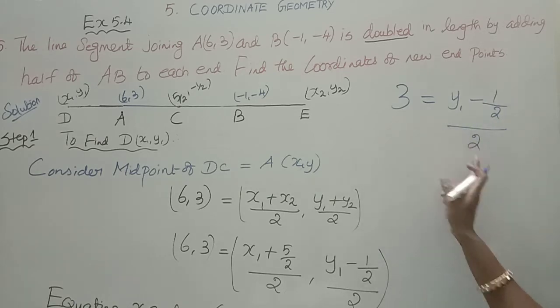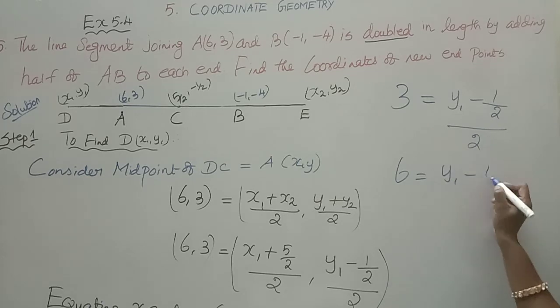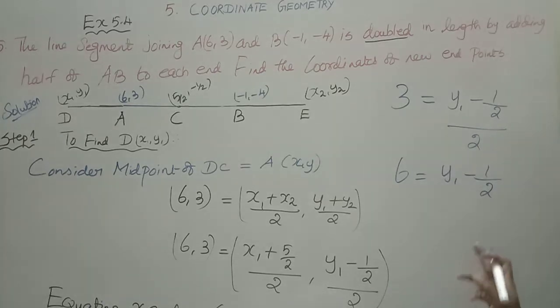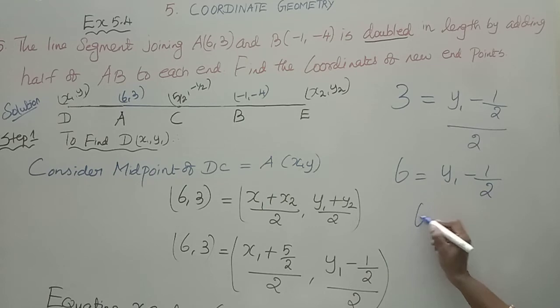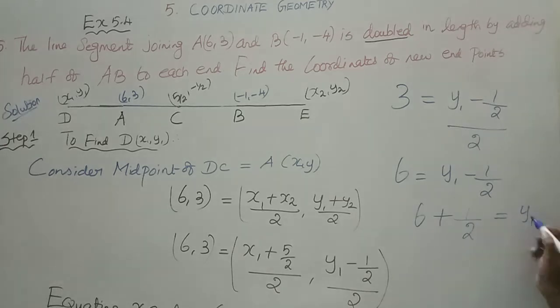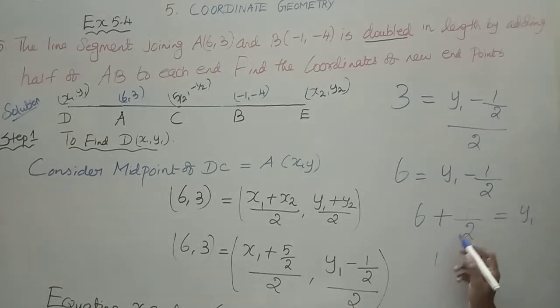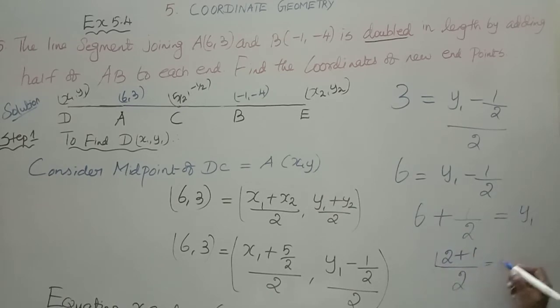Here make cross multiplication: 3 2s are 6 is equal to y1 minus 1 by 2. If it comes to the LHS, it becomes 6 plus 1 by 2 equal to y1. So here you get 6 2s are 12 plus 1 by 2 is equal to y1. So I am getting y1 equal to 13 by 2.